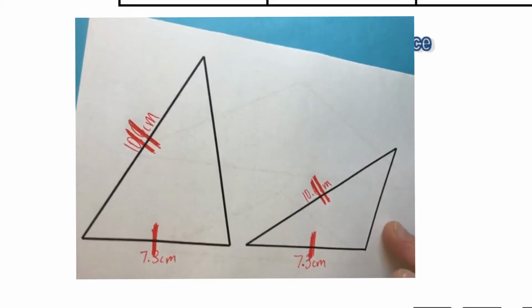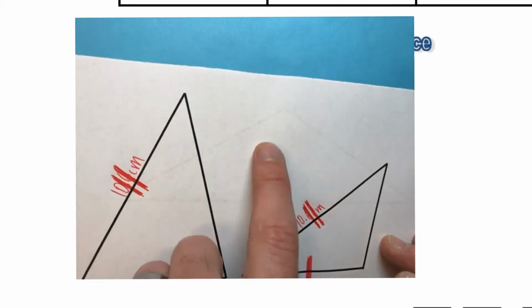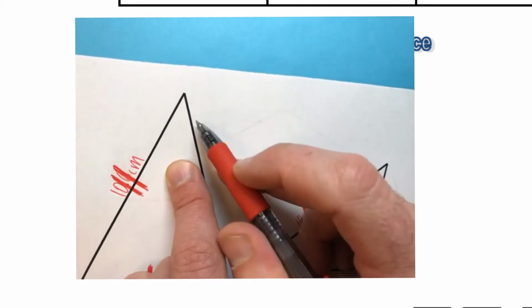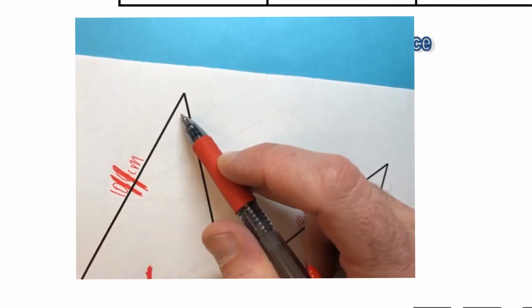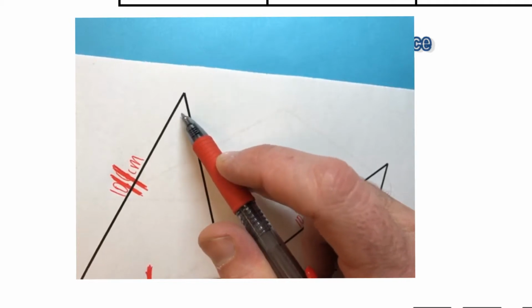Now what I want you to do with your protractor is I want you to measure this angle right here. With your protractor, measure that angle right there.